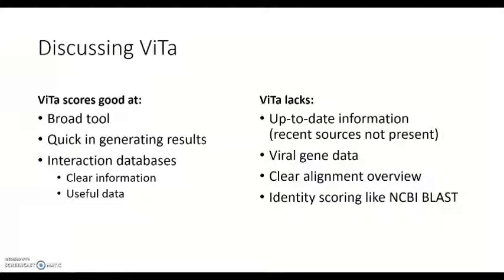And perhaps a scoring matrix like NCBI has to offer for identities. When you have so much percentage identity, this is most likely a good alignment and so on. So if it would be better at predicting those things and implementing a similar scoring matrix for identities, it would make the tool so much more powerful.